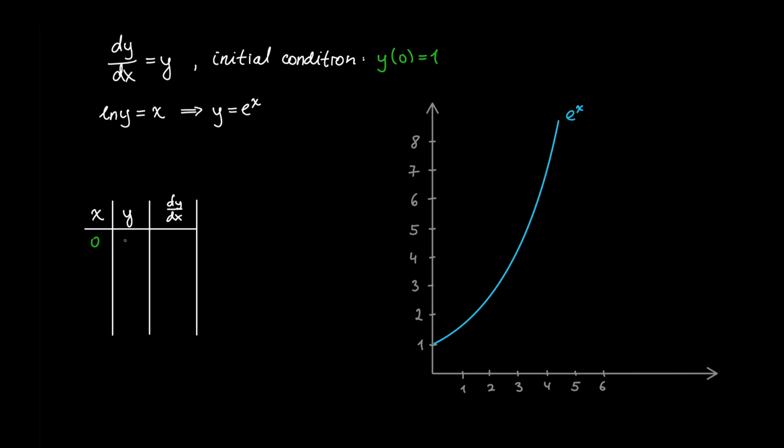When x equals 0, y is equal to 1. So then what is going to be dy over dx? Well, from the differential equation, we know that it's just 1, because dy/dx is equal to the value of y. So we visualize this on a graph. At the point (0, 1), the slope is about 1.